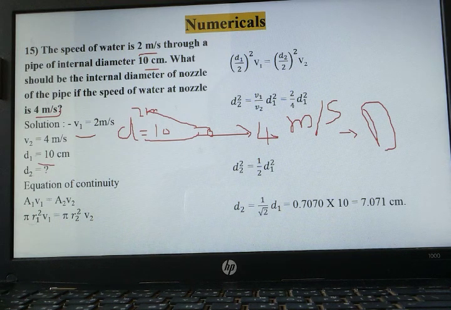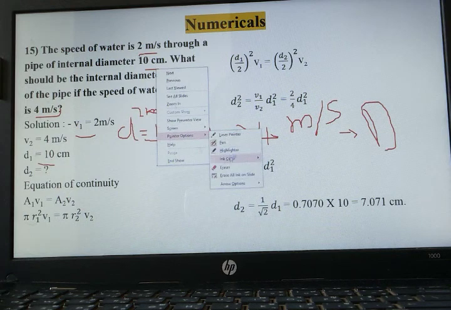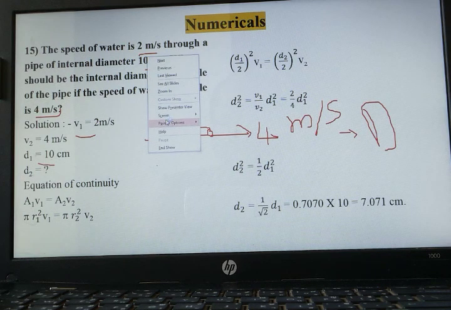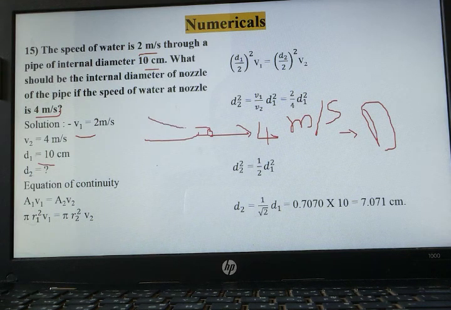We know the equation of continuity, that is A1V1 = A2V2, where A is the area and V is the speed. If this is A1, then the liquid which will be flowing, its velocity will be V1.